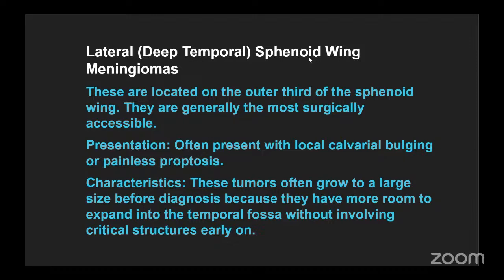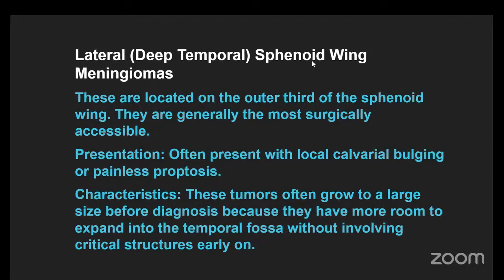Since there's a lot of space, they can grow big enough before they cause actual problems for the patient. The patient usually comes when there's significant compression on the temporal lobe, and either starts having memory impairment or new onset seizures, or sometimes the calvarial lump that I talked about.